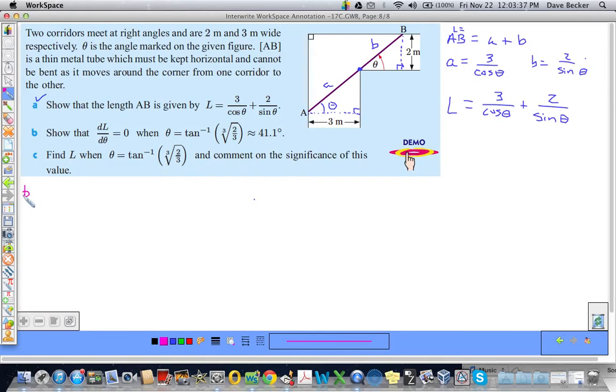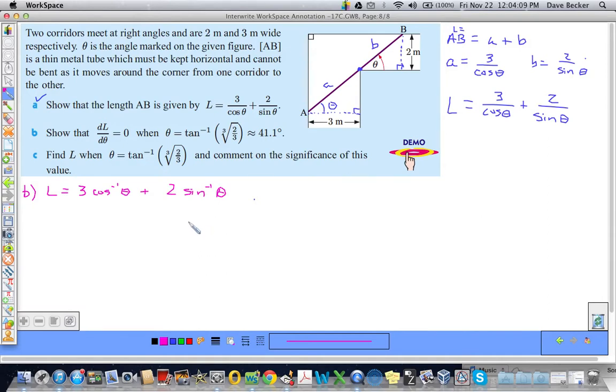I have to take the derivative of this function, and I don't want to use the quotient rule for this one. I think it'd be easier just to write them as two individual terms and take the derivative. So I'm going to rewrite this as L equals 3 cosine to the negative 1 theta, bringing cosine theta up from the denominator, plus 2 sine to the negative 1 theta.